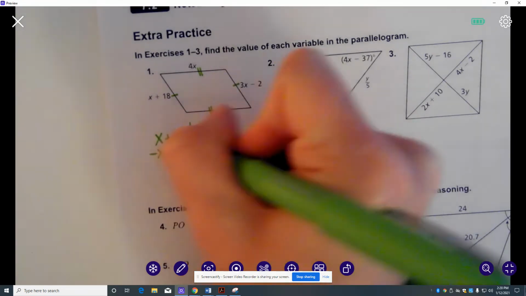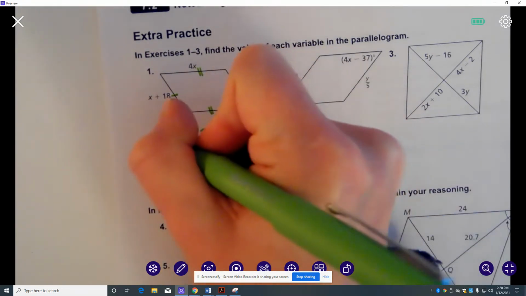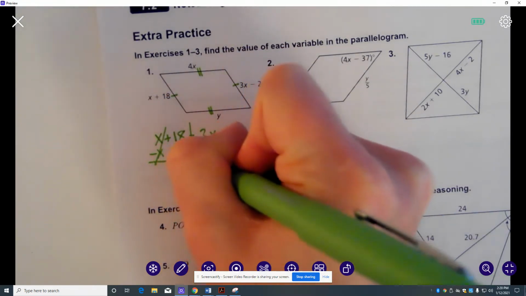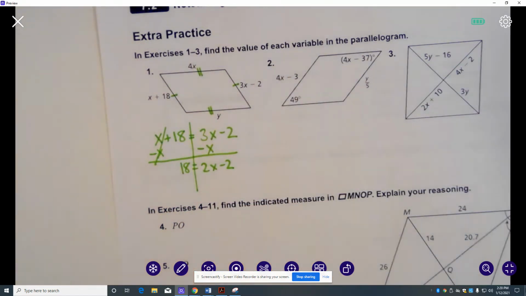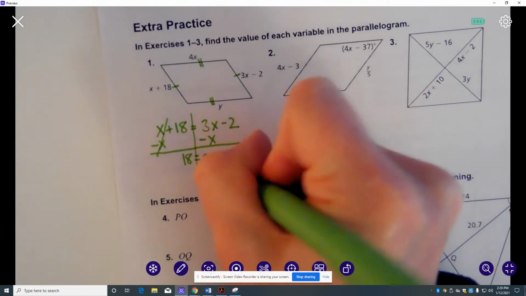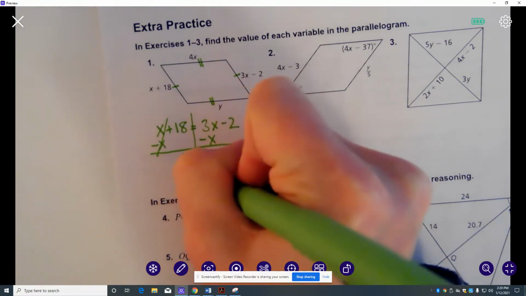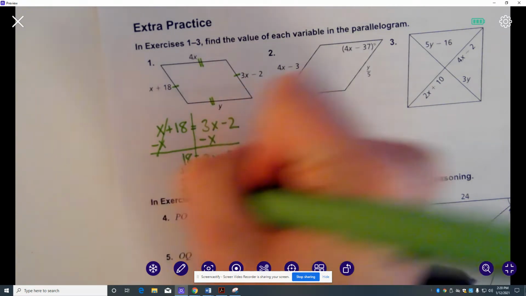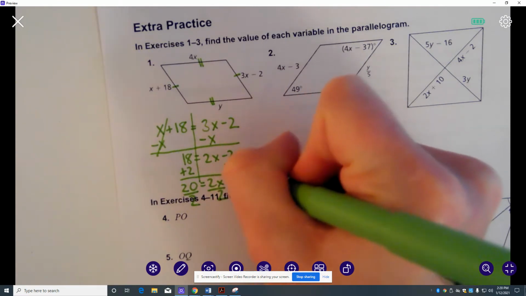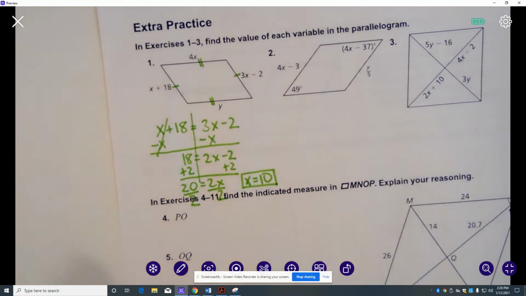So I'm going to get all my x's to one side, and then get x by itself. I get that x is equal to 10. There's one of my solutions. I also need to find the value of y.